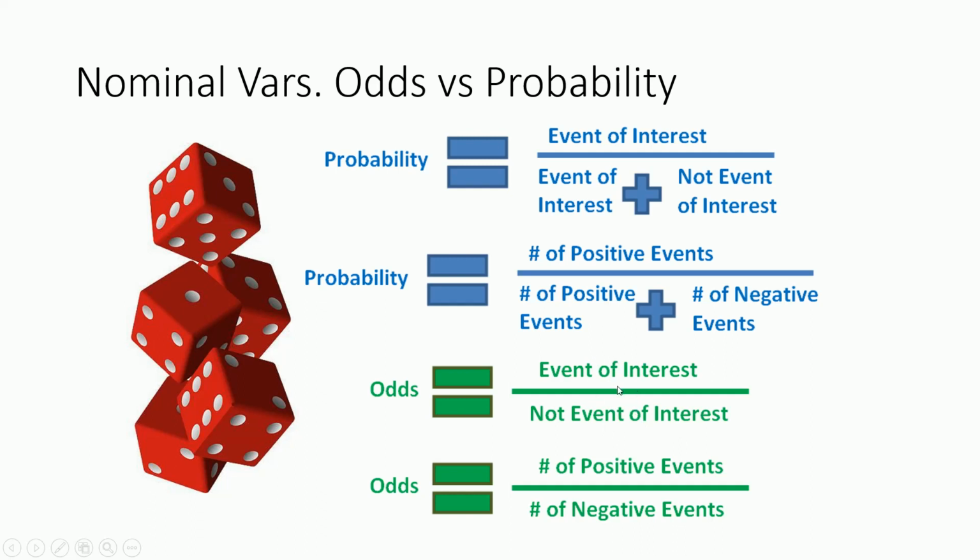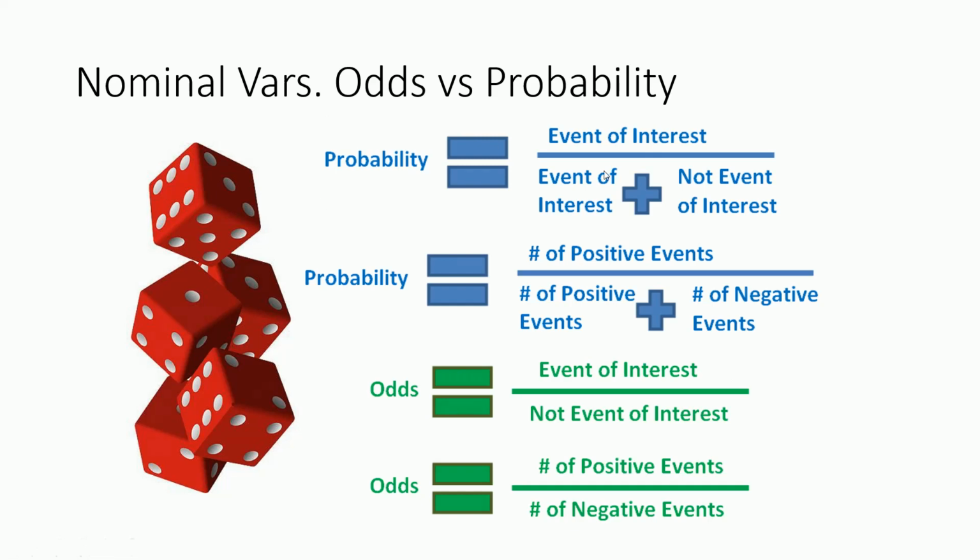We are not adding 1 plus 5 and coming up with a denominator which is 6 in this case. We're just mentioning the not event of interest. So I hope that clarifies the concept of probability versus odds. In probability, we add all the possible events in the denominator. In odds, we just mention the opposite of what we are expecting in the denominator.